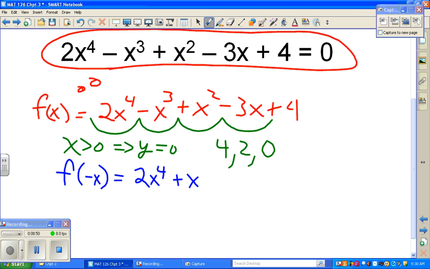Positive x cubed. Plus x squared. That's easy. Even powers are easy. They don't change. Plus 3x plus 4. So there's not going to be any negative x values that will make that equal to 0. That's Descartes' rule of signs. So if you're going to graph something out, go to the positive x side and see what happens. So there's going to be 0.